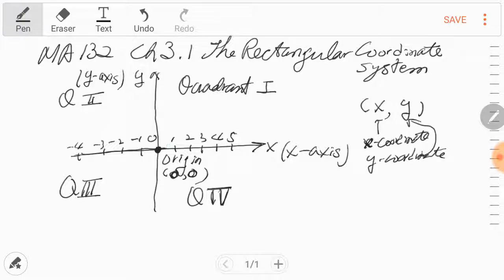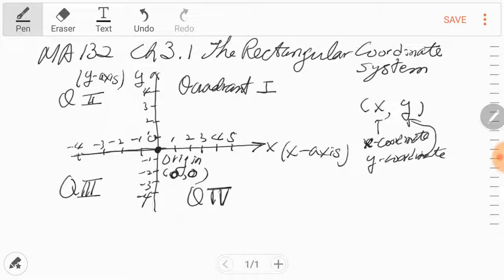The vertical line is the number line y. As you go up, the number increases: 1, 2. So the y value increases. If you go below the origin, then the y value decreases, which is a negative number, and so on like this.